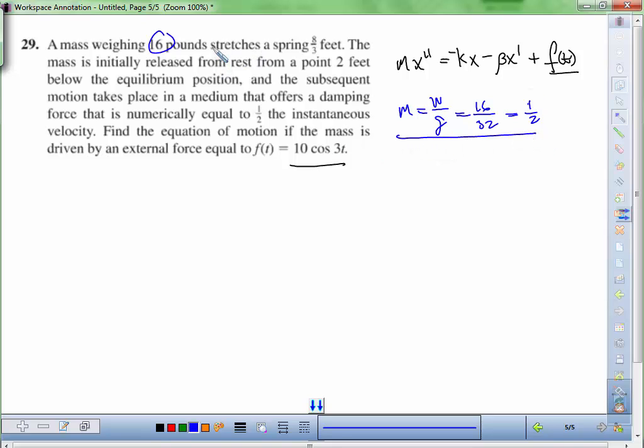Now here's where we don't have K explicitly given to us, but according to Hooke's law, remember Hooke's law? F equals K times some displacement. So here's a story with a spring constant.